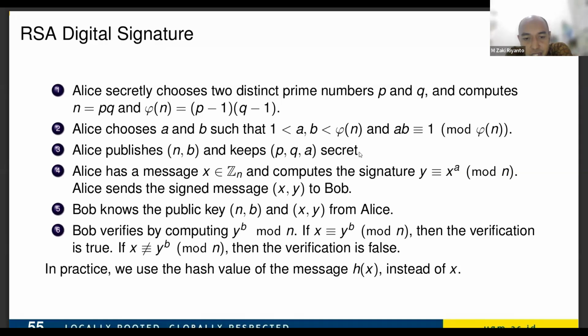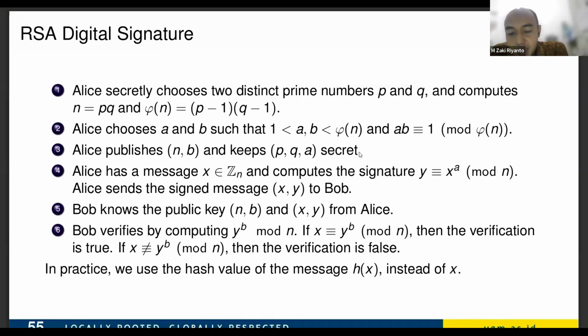Okay. After Bob receives the message X and Y, then using the public key of Alice, Bob conducts a verification process by computing Y to the power of b modulo N. So here is the verification process.